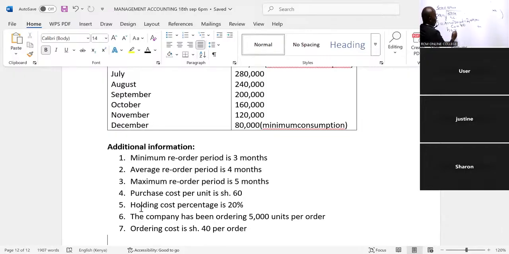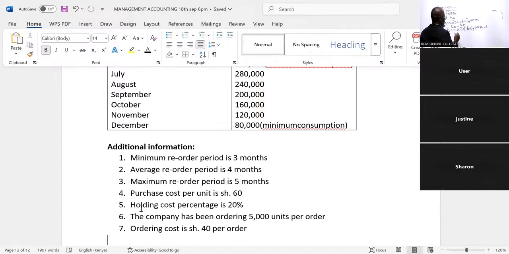How about holding cost? In most cases, they will give it to you in the form of a percentage of the price. So the holding cost is 20%. So it will be 20% of the price of the cash tied up, so 20% of the buying price per unit.